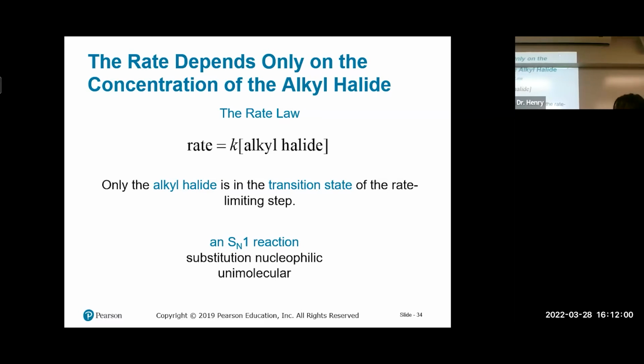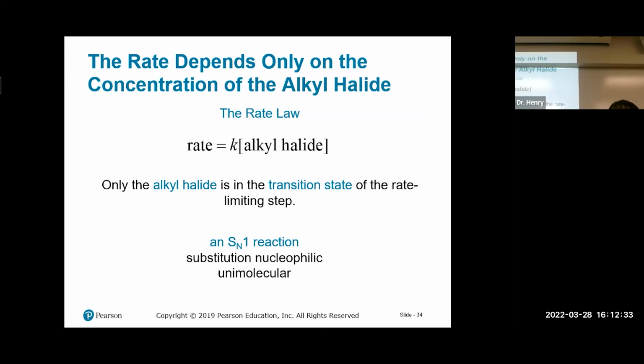So the rate is going to be dependent on only the concentration of the alkyl halide. Okay, so if it's only dependent on the concentration of the alkyl halide, then it's going to be considered an SN1 reaction, right? So it's not going to be dependent on both molecules.